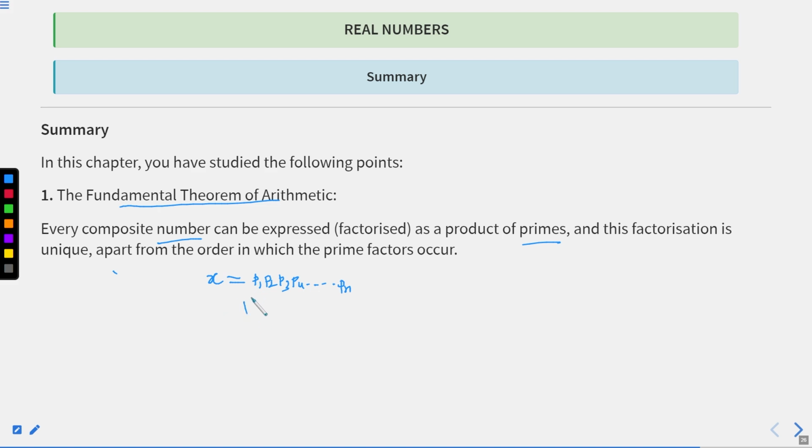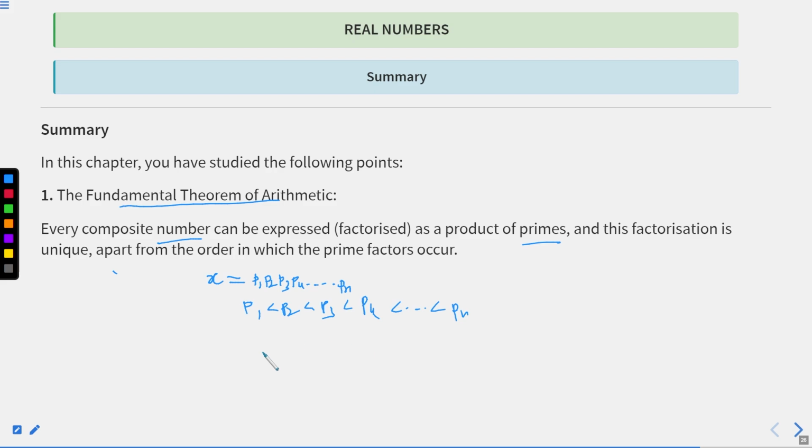Now if we take them in ascending order, that is p1 less than p2 less than p3 less than p4 and so on up to pn, then this factorization is unique.